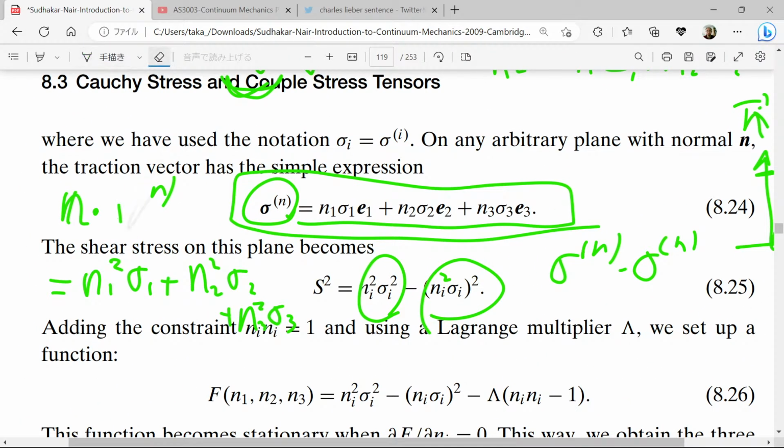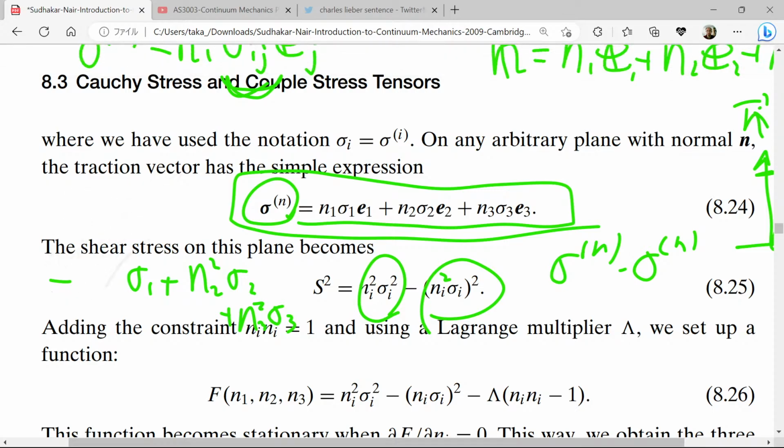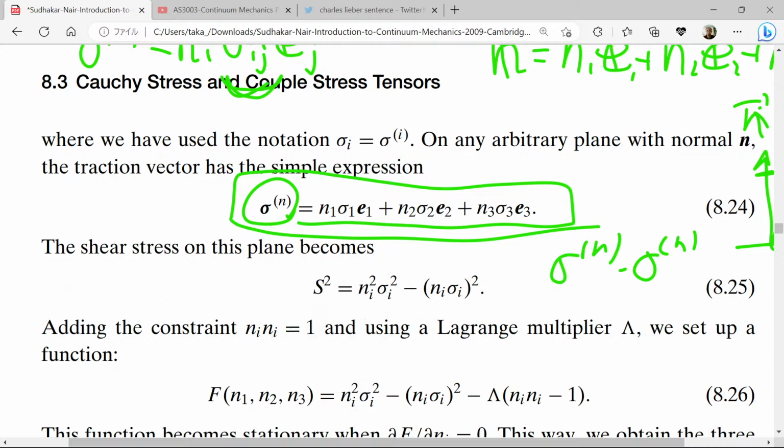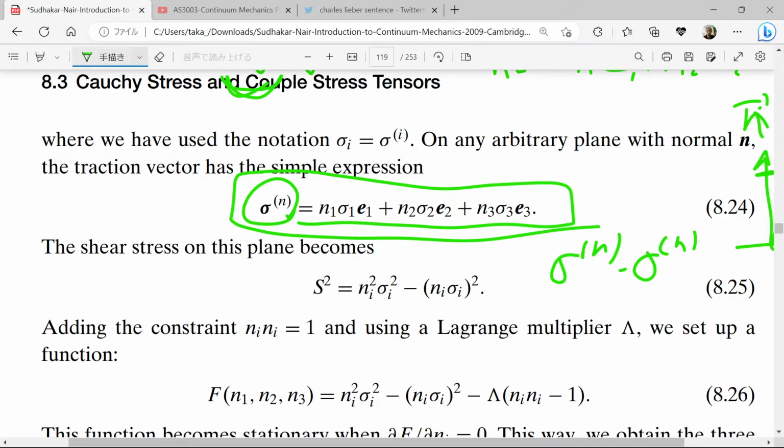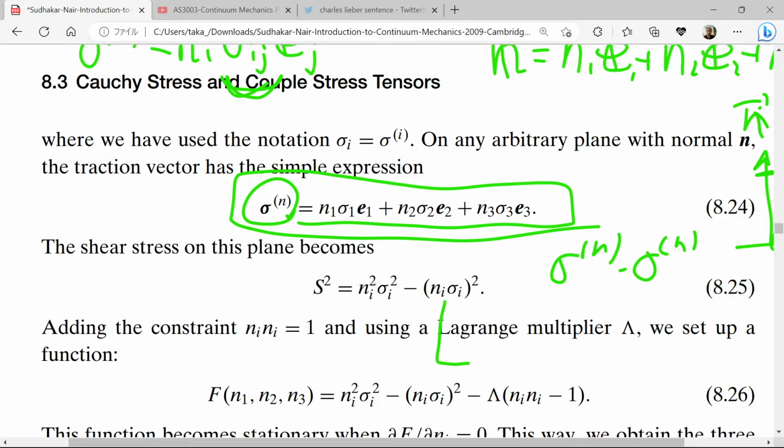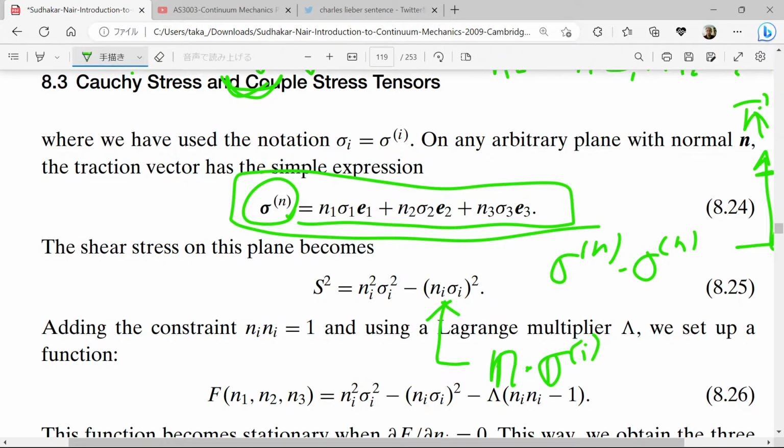Okay, let me write it again. To clarify, let me write again. See, this part should come from this: n dotted with sigma n.